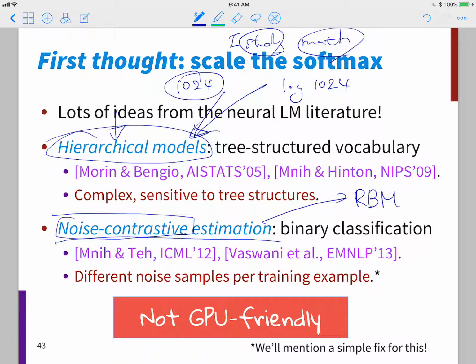Because we are considering the auto encoder structure. So in that case, we also want to avoid all the computations corresponding to each of our output nodes. So in that literature, they used this noise contrastive estimation.